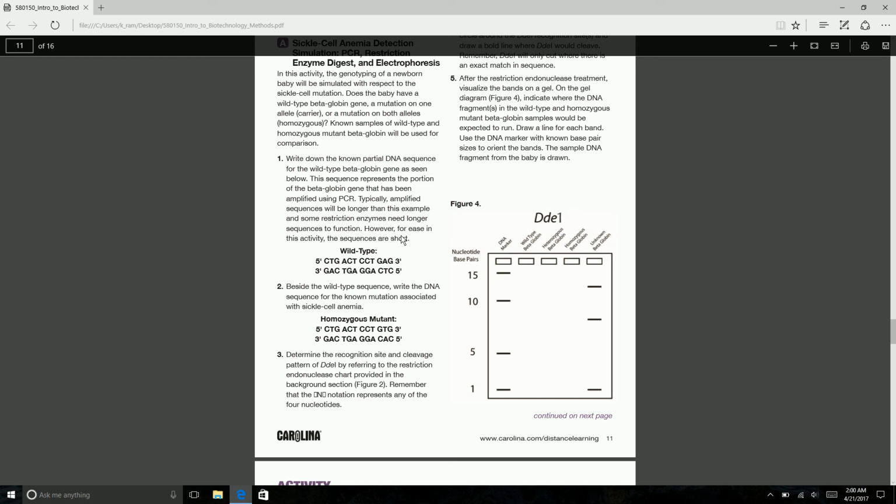Okay, so this is the same, there's only one enzyme. It can cut this also, it can cut this also, but how it cuts this and how it cuts this will be different, because the sequence of DNA is different. So what I would suggest is, take a piece of paper, write down this sequence, write down this sequence.